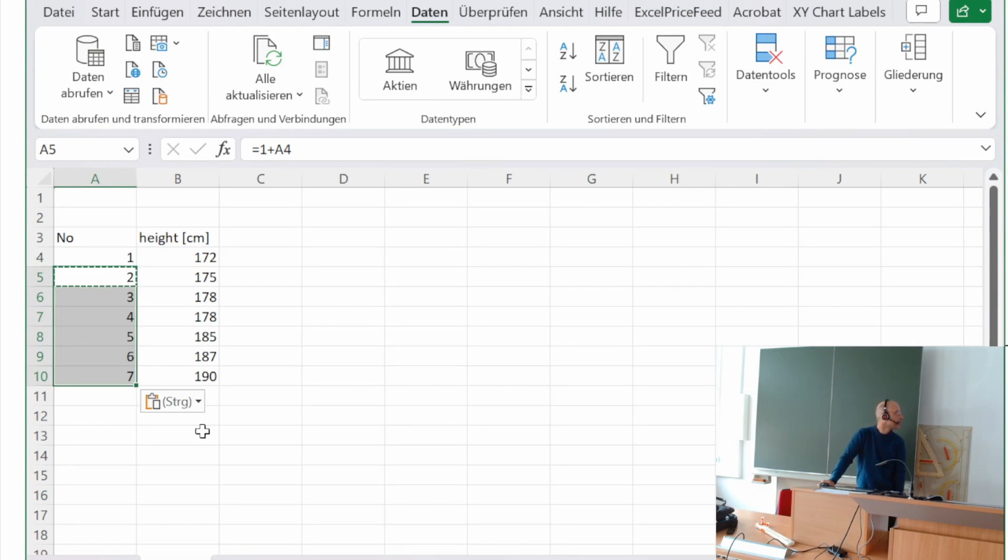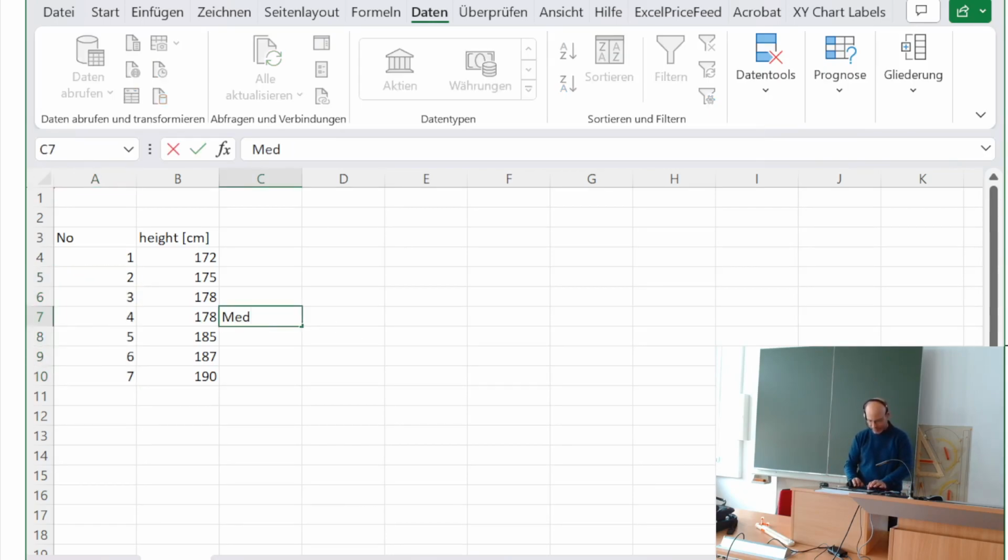Actually, since our data set has only 7 data points, we can directly look at this table and see what the median is. It is number 4, yes, but what is the median of the distribution? This is the question. It is not number 4, but 178. So this is the median of the distribution.